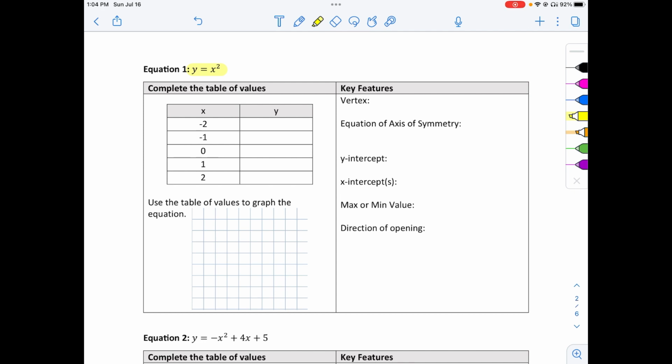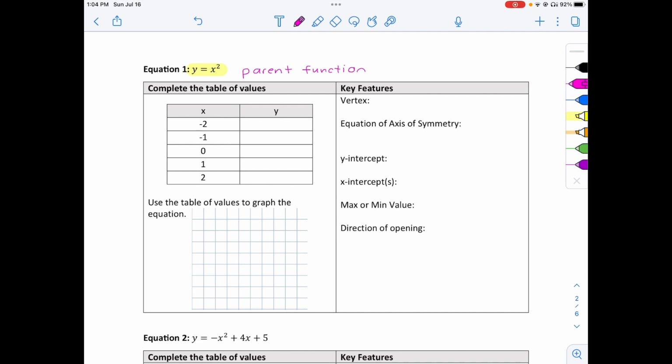It's just y equals x squared, and we know that squared means that it's being multiplied by itself. So this is y is equal to x times x. We're going to look at what this looks like, and then we will look at a few more examples of how the curve can change based on some changes to the equation.